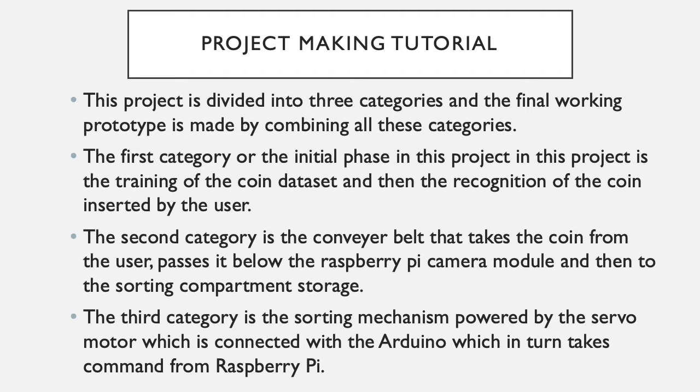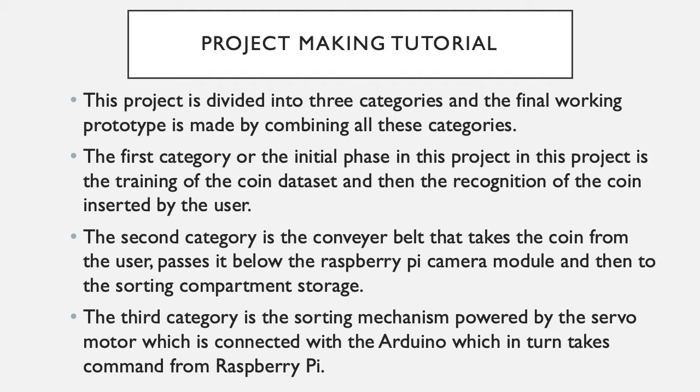So this project is divided into 3 categories, and the final working prototype is made by combining all these 3 categories. The first category, or the initial phase of the project, is the training of the coin dataset and the recognition of the coin inserted by the user by the Raspberry Pi camera. The second category is the conveyor belt that takes the coin dropped from the user and passes it below the Raspberry Pi camera module and then to the sorting compartment storage.